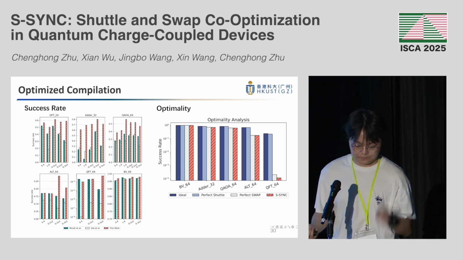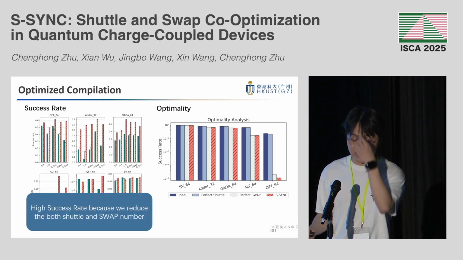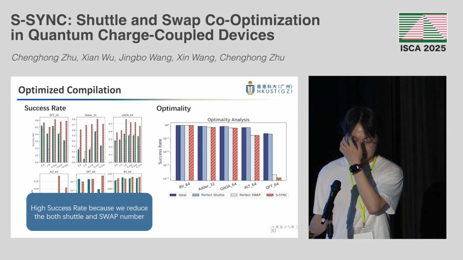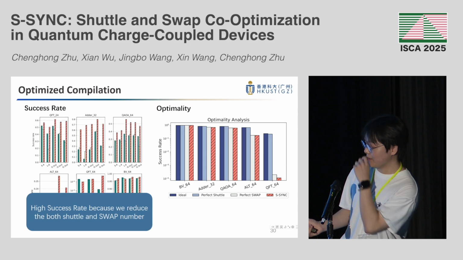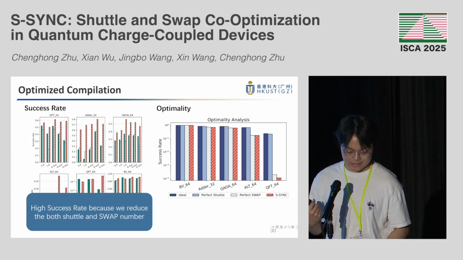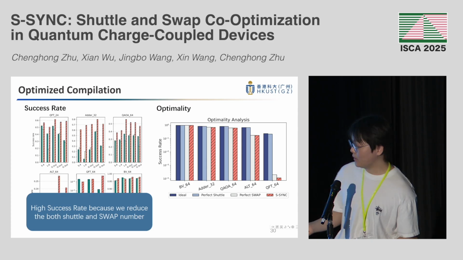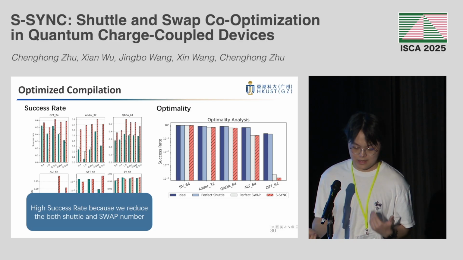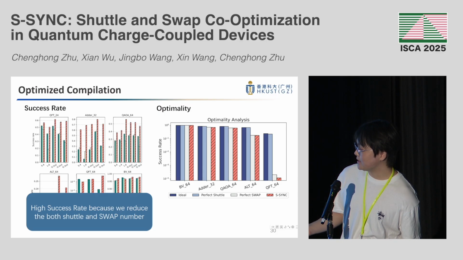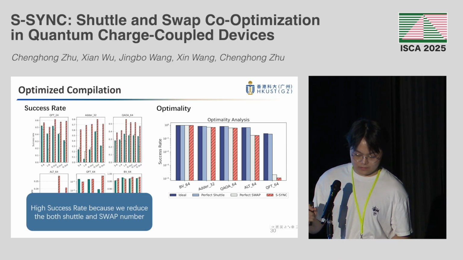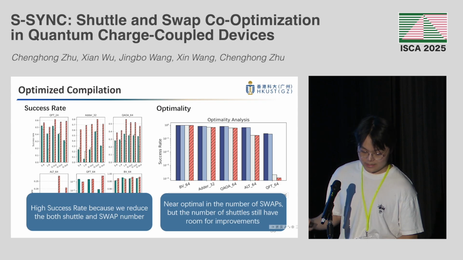We also conduct some optimality tests. Basically, we use some ideal cases: perfect shuttle and perfect swap. Perfect shuttle means the shuttle will not introduce heat to the trap, and perfect swap means it will not count toward the gate implementation time. These are basically the upper bound for the exact solutions.